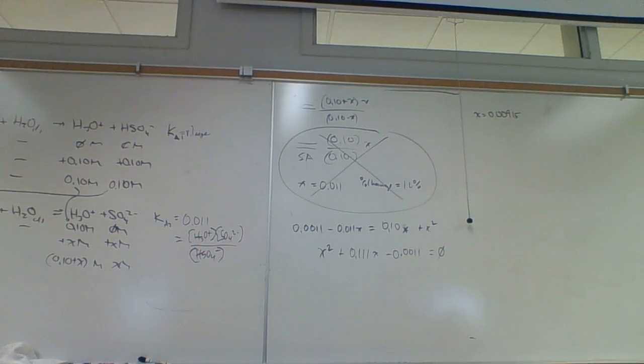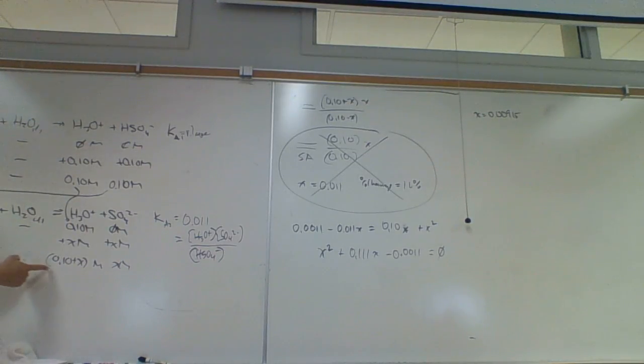And so here we're going to get 0.100, let's say, minus 0.00915. This is going to give me 0.09085 molar.